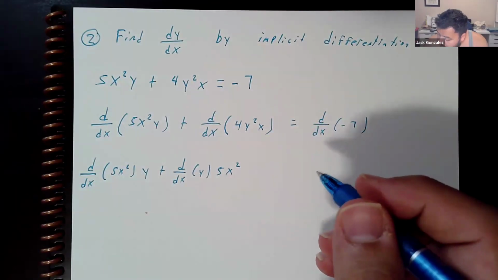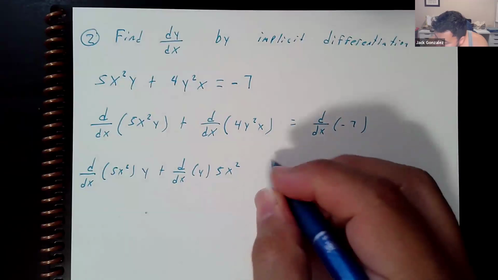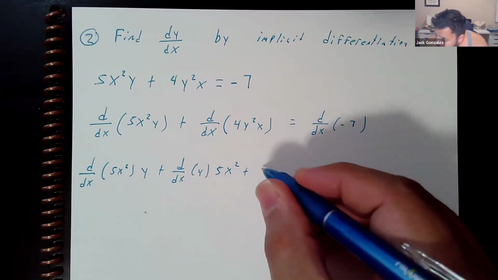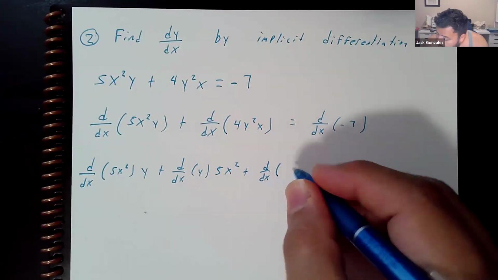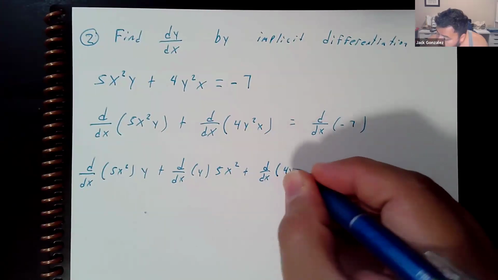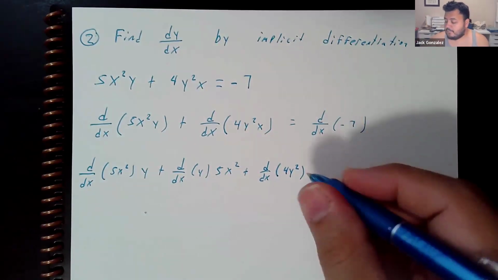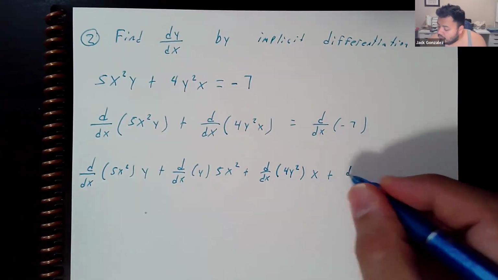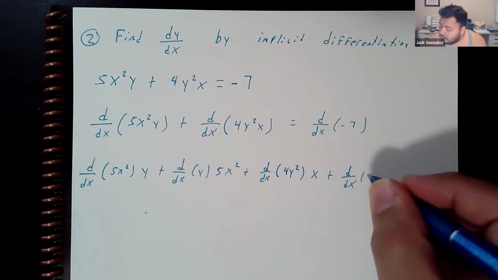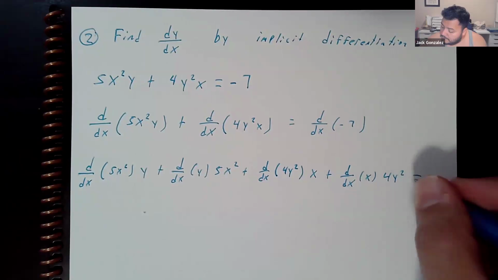Then another product rule. Oops, made a mistake there. First part. No, that's fine. Derivative of this guy, first part, times the second, plus derivative of the last part times this.